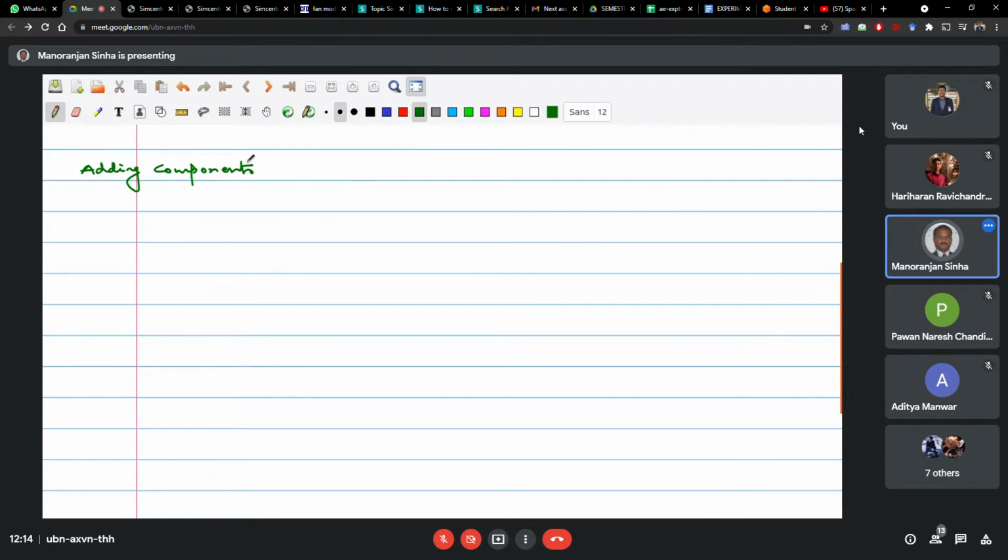Having components along the x, y, orbit direction.